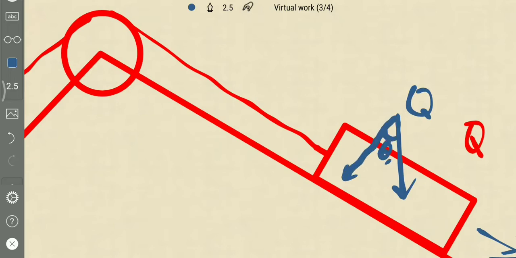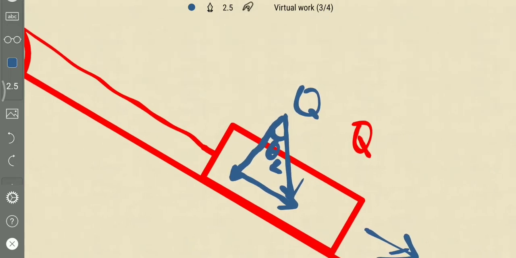This is theta 2. And this is W. This is W sine theta 2.